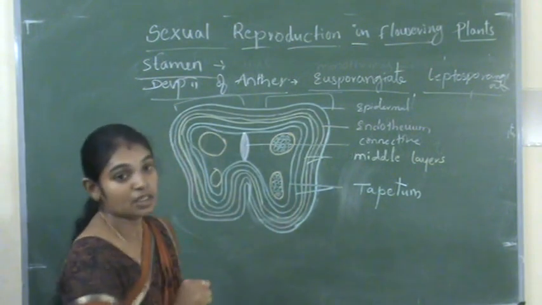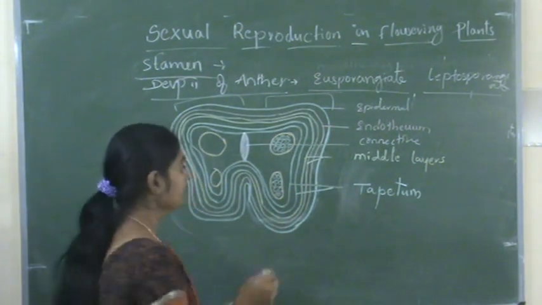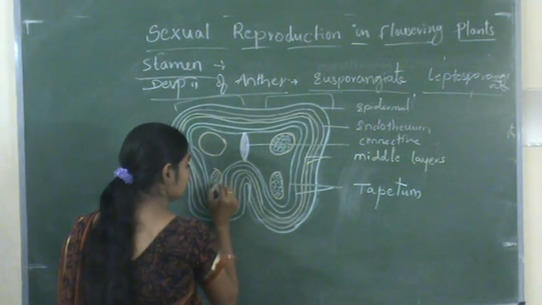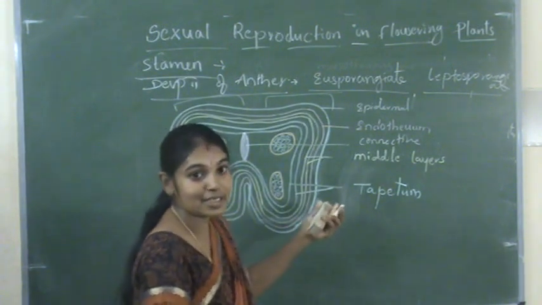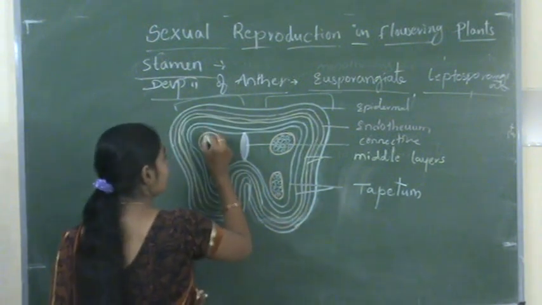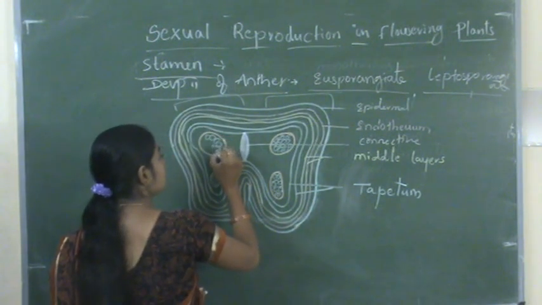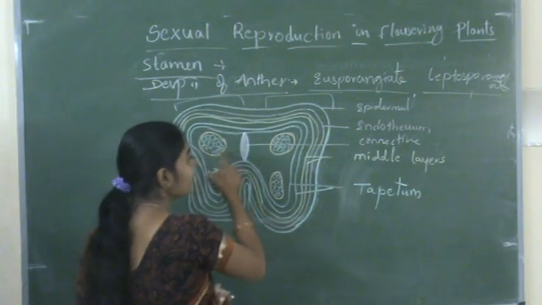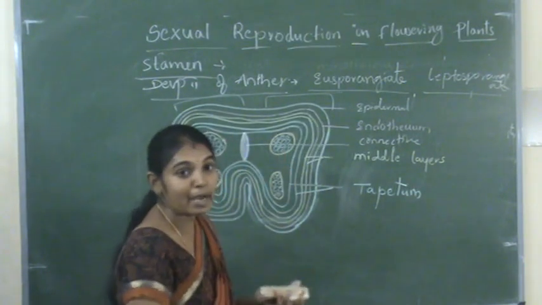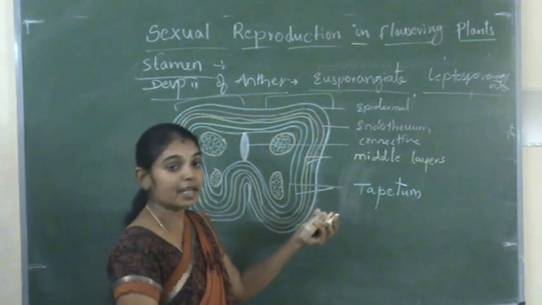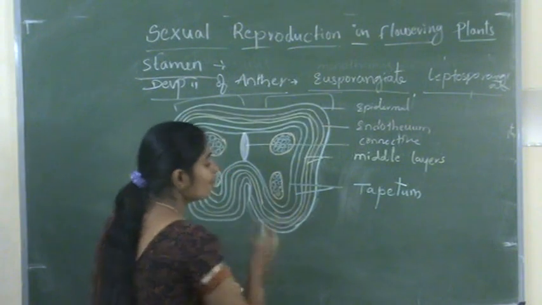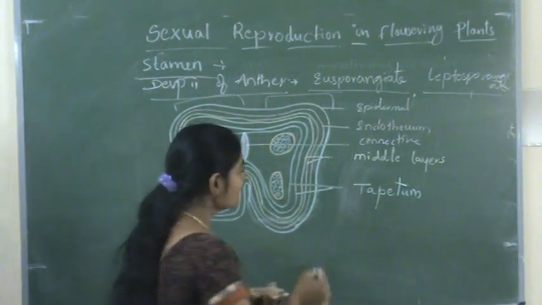If it is a mature anther, these are called microspore mother cells, or if it is a young anther, these are called primary sporogenous cells.